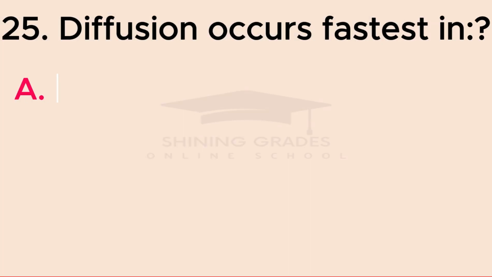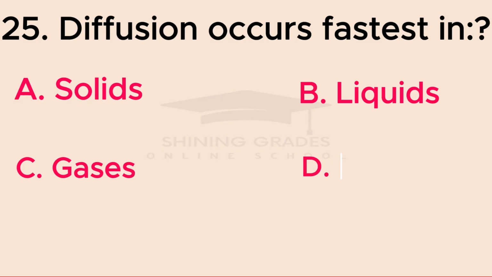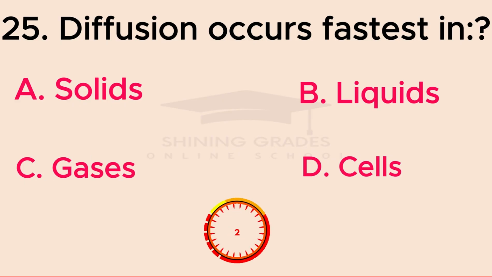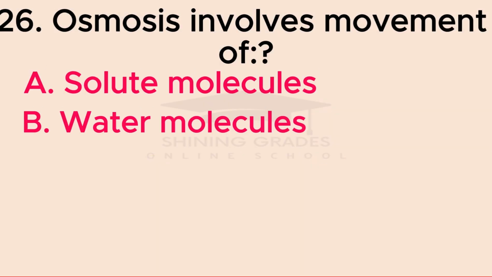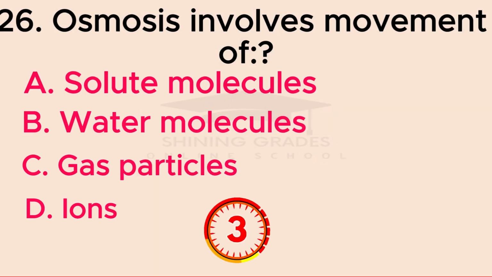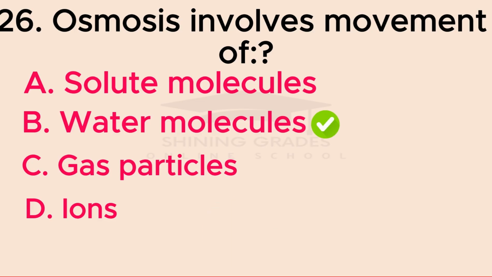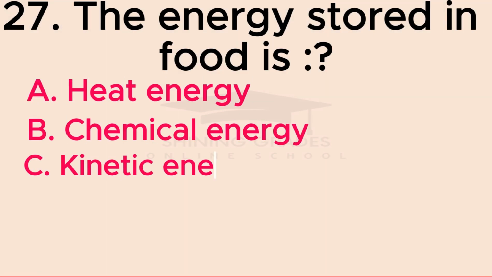Question 25. Diffusion occurs fastest in. Question 26. Osmosis involves movement of. Question 27. The energy stored in food is.